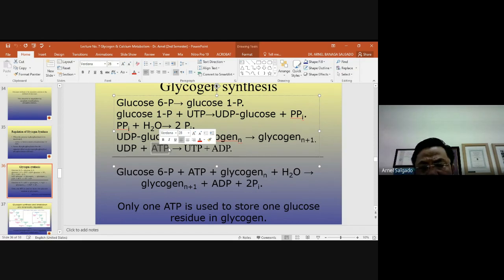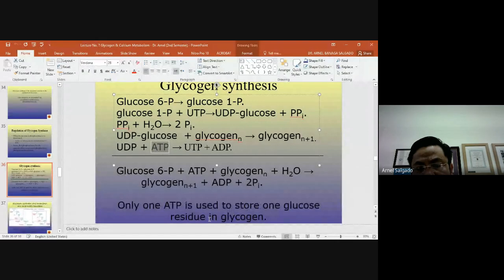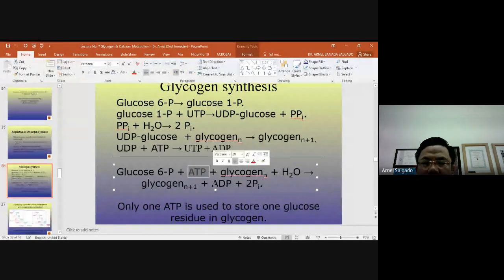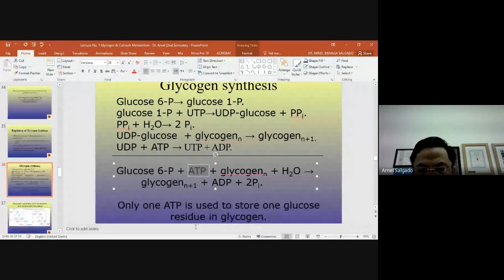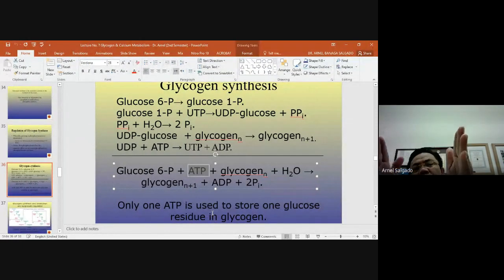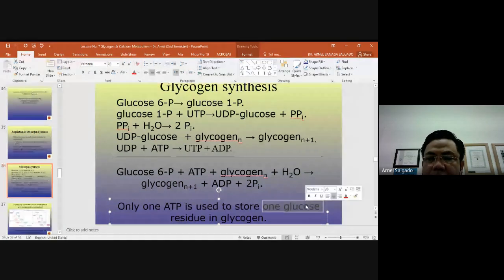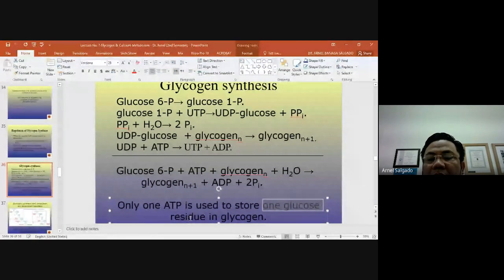Only one ATP is used to store one glucose residue in glycogen. Always take note of this. Only one ATP, right? That is actually used. That's why we need a lot of ATP. But during this process, we only require a minimal amount of ATP in order to store one excess glucose molecule residue from the bloodstream in the form of glycogen.